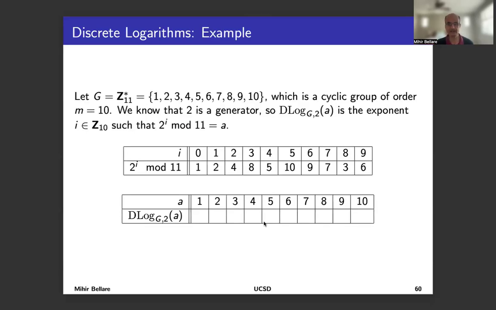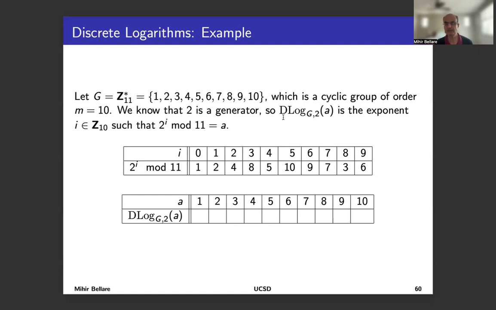So these two are inverses of each other. All right, so let's get a little practice with discrete logs. And again, we'll work with our group of integers mod 11. And we know that's the numbers 1 through 10. It's a cyclic group. It has order 10. We already saw that the number 2 was a generator. So the discrete log of some group element A is by definition that exponent to which 2 must be raised to get back A, and you're working modulo 11 when you do that.